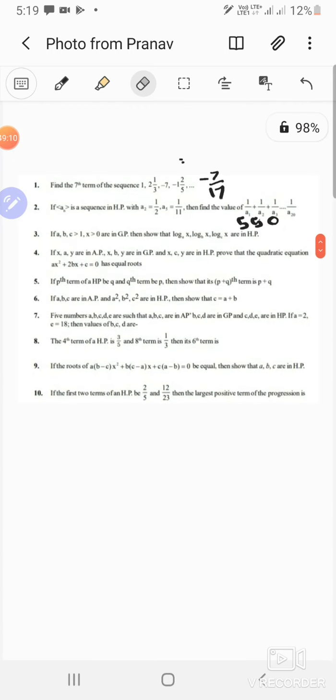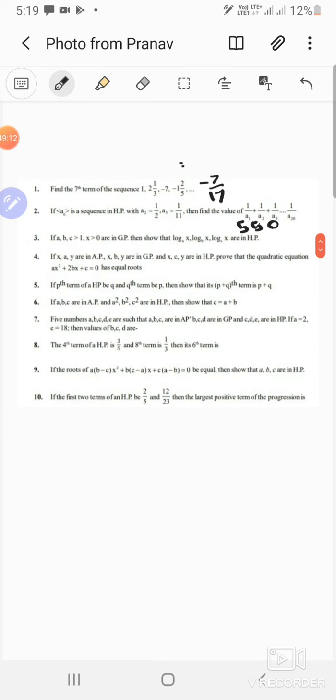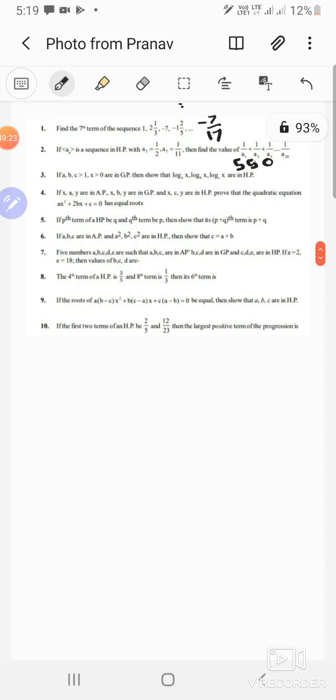Let's go to the next question. Let the pth term of a harmonic progression be q and the qth term be p. Then show that its p plus qth term is p plus q. Oh, okay, nice.